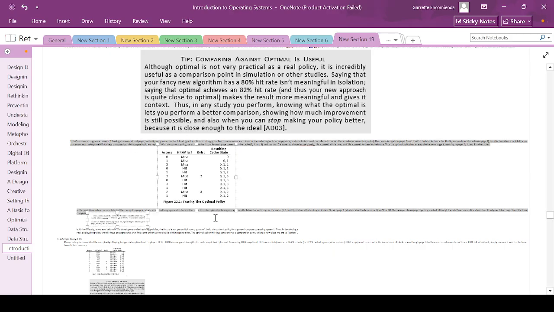Let's assume a program accesses the following stream of virtual pages. In the figure, you can see the following actions. Not surprisingly, the first three accesses are misses, as the cache begins in an empty state.